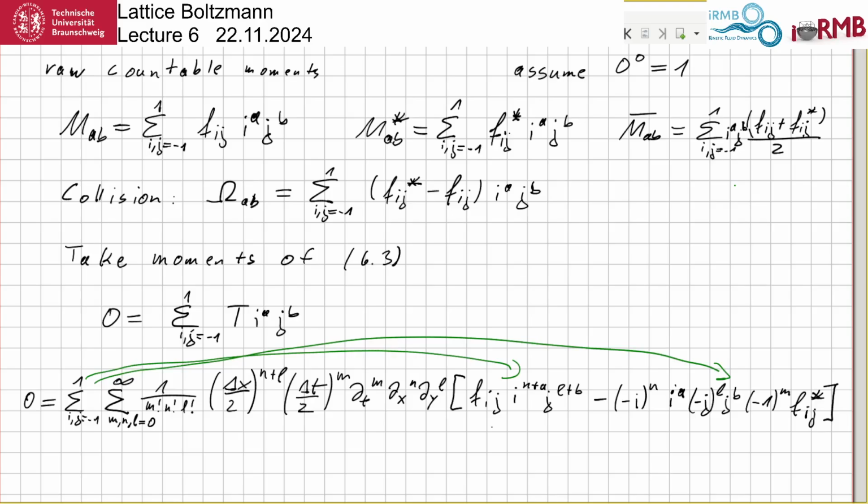Because if you integrate over this, you get higher moments. So with higher derivatives, you get a higher moment.